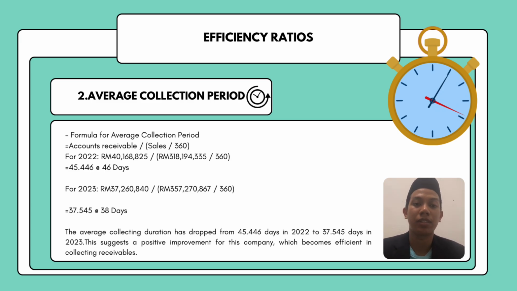For the interpretation, the average collection duration has dropped from 45.446 days in 2022 to 37.545 days in 2023. This suggests a positive improvement for this company, which has become efficient in collecting receivables. So let's proceed to the last one.